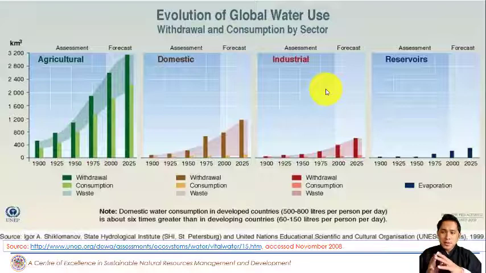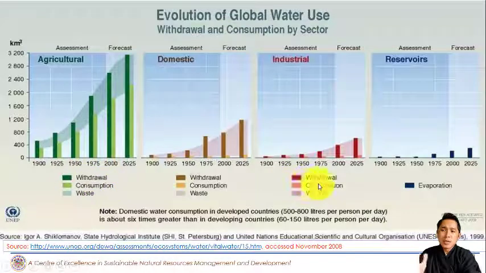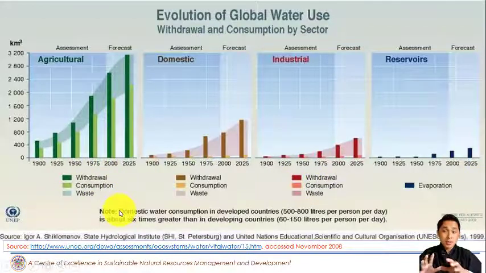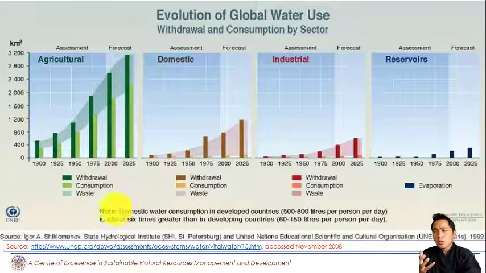Experts and water scientists have forecasted, looking at data up to 2010, that water withdrawal in all the sectors like agriculture, domestic, industrial, and power, which use reservoirs, is increasing.